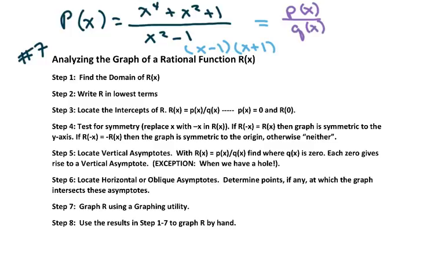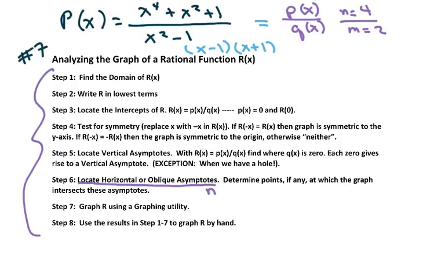Since the degree in the numerator is 4 and the degree in the denominator is 2, we can look at these steps here, and for step 6, that's going to tell us that we have no horizontal or oblique asymptotes because our n is greater than m plus 1.